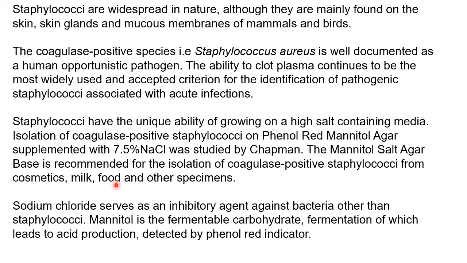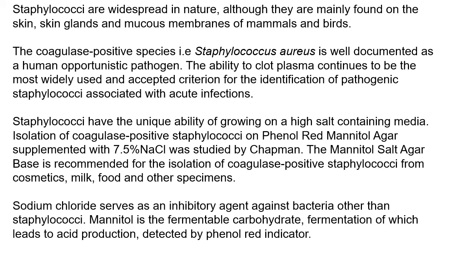So if you have this for your practicals, then get your concepts clear regarding the principle and interpretation of the results. Now the sodium chloride present in the medium serves as an inhibitory agent against bacteria other than the staphylococci. And mannitol is the fermentable carbohydrate, and the fermentation leads to acid production, which is detected by the phenol red indicator.